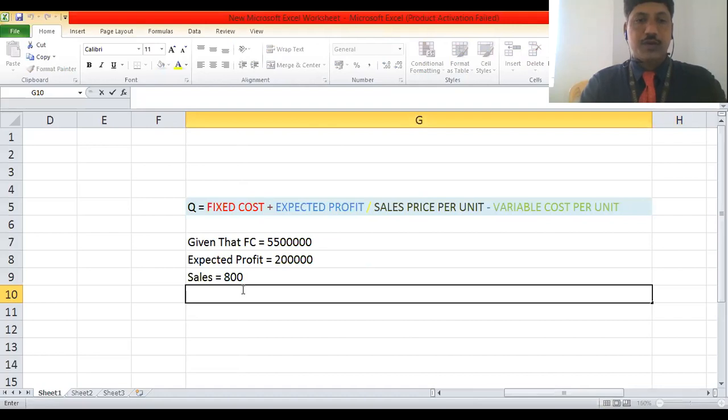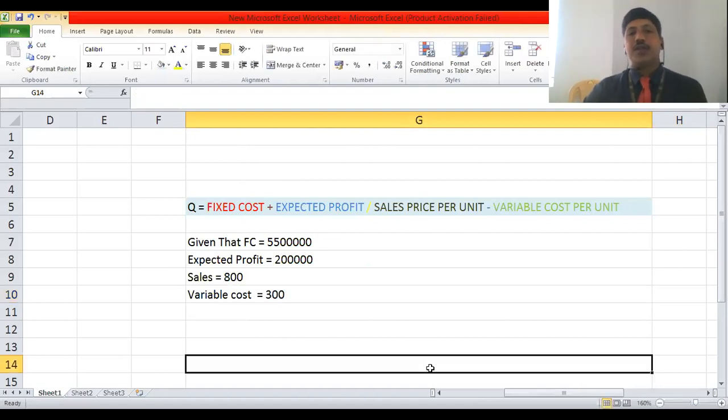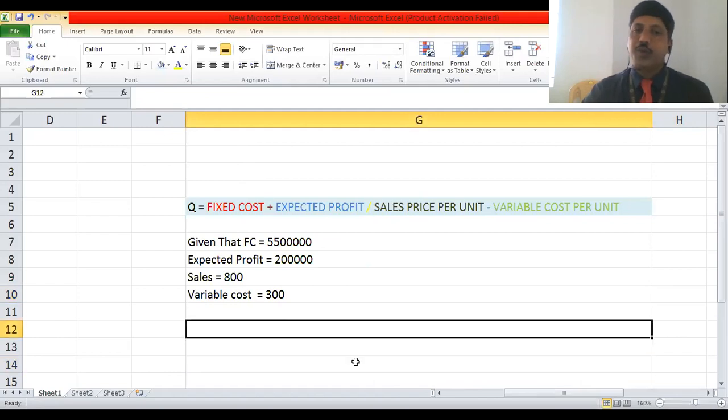So now variable cost is equal to 300. So this is the given data. Now what we have to do? We have to find out the quantity that is required to produce.